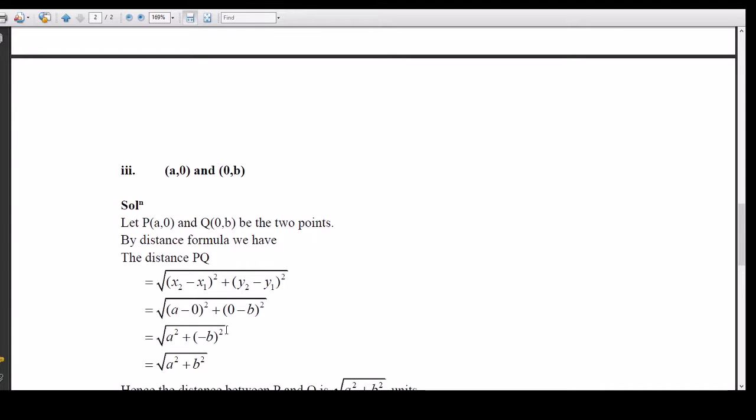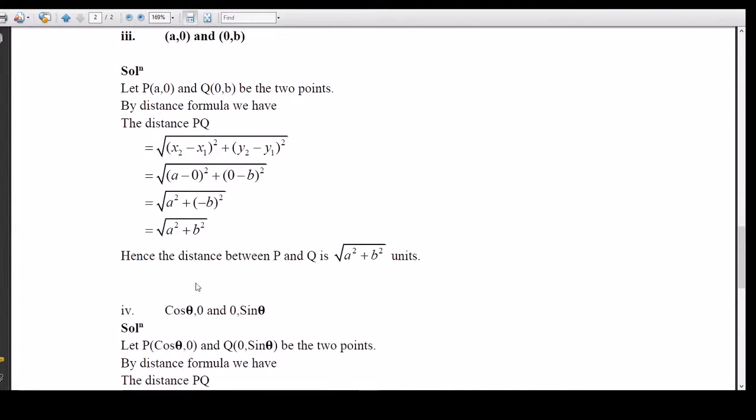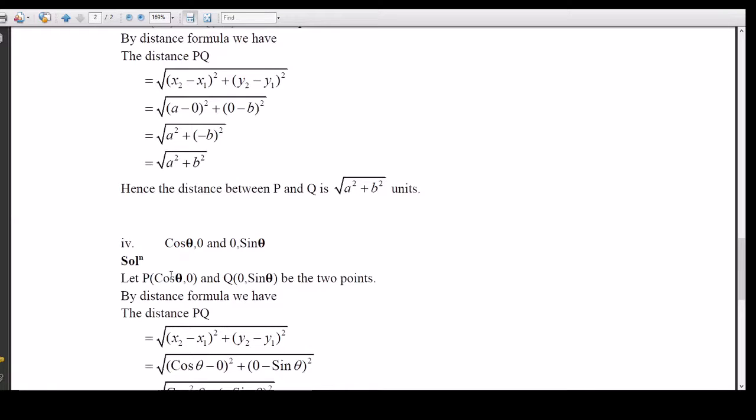Since A and B are variables and we don't know their values, we cannot find the square root of A squared plus B squared. You just write, hence the distance between these 2 points will be the square root of A squared plus B squared units. Clear?